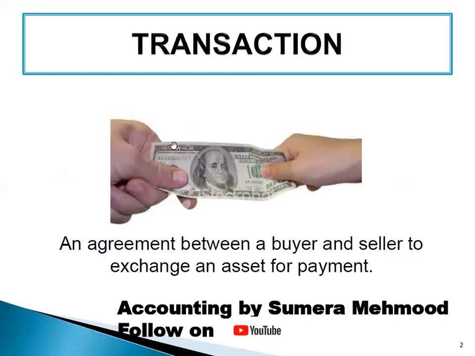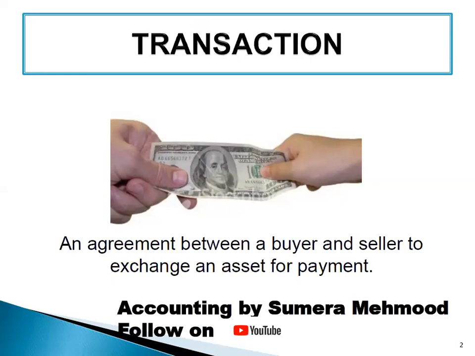One is the buyer, another one is the seller. One person is receiving the money, another person is paying the money. So whenever we have the word transaction, we have two persons, buyer and seller, sender and receiver. And in the process, we have the buying process and the selling process.